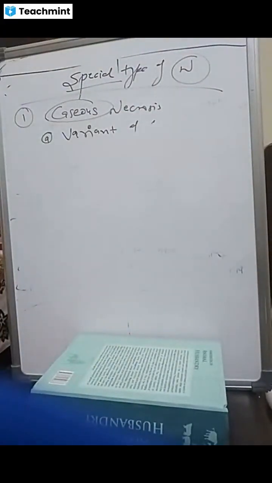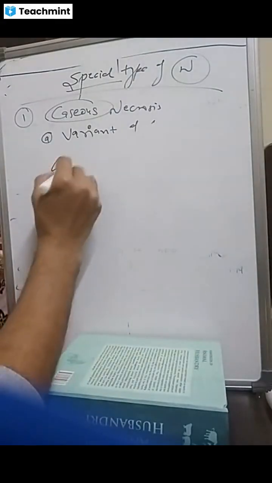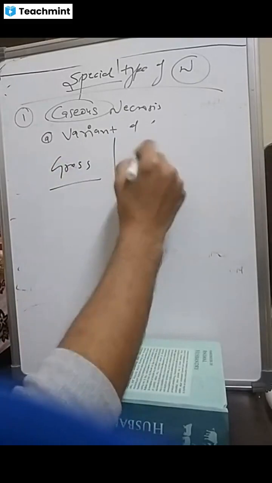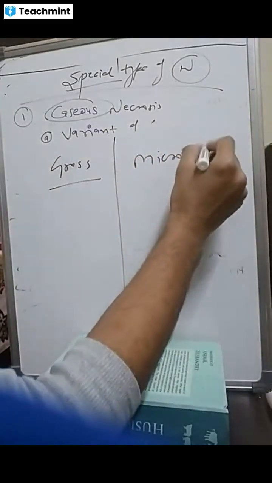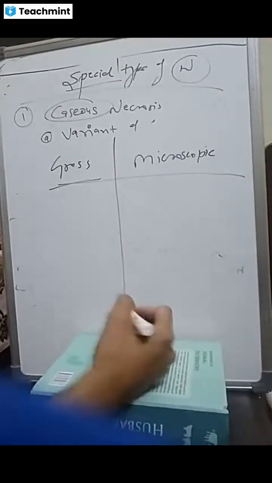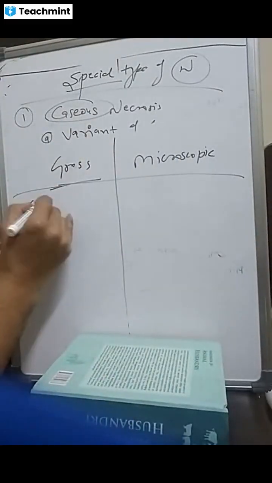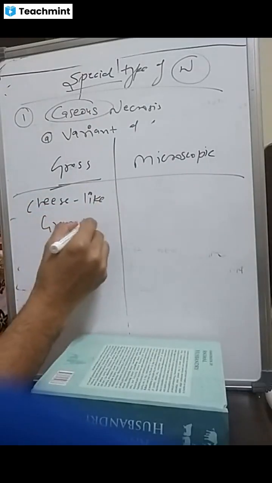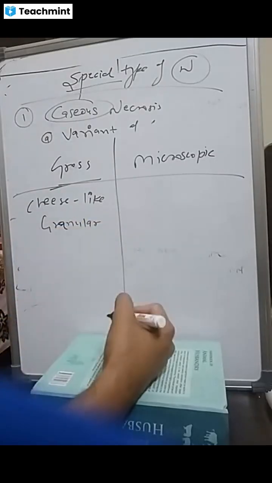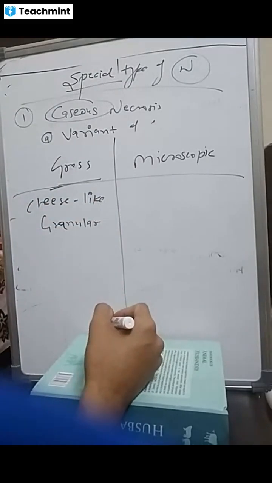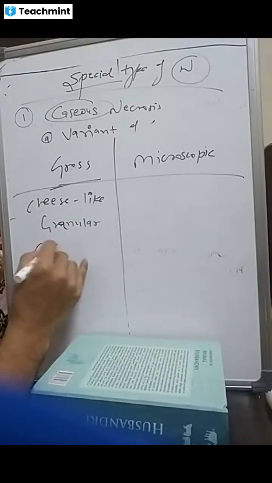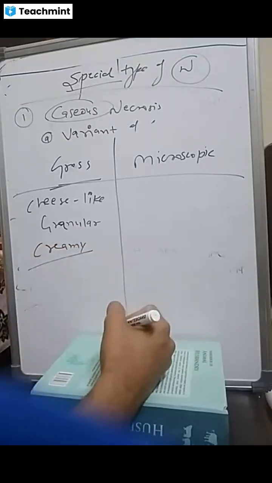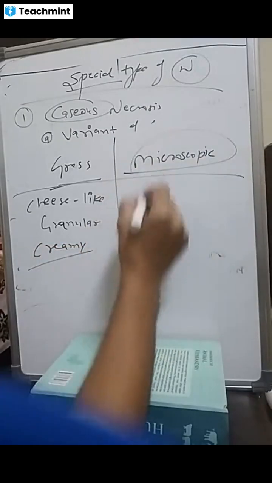What are the gross features of caseous necrosis and what are the microscopic features? Grossly, it is cheese-like, with granular appearance and creamy consistency. But the microscopic features are very important.